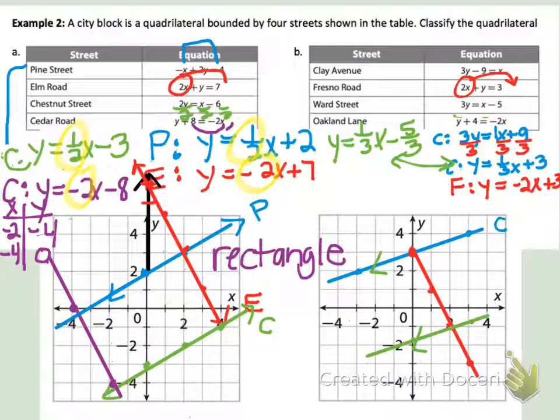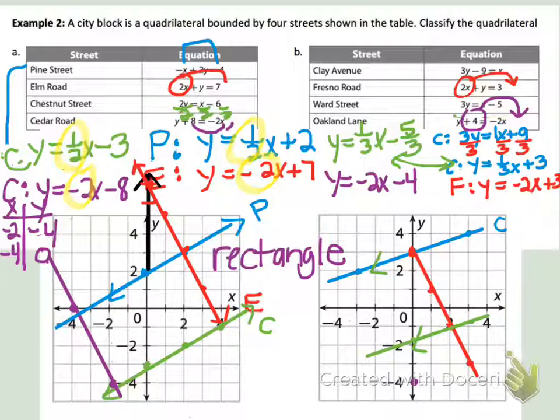So for the last one, again, I have to put it in slope-intercept form, and all I have to do is bring that 4 to the other side. So that's y equals negative 2x minus 4, because I have to subtract the 4 to get it to the other side. Now I'm going to plot that. That y-intercept is negative 4. The slope is negative 2. So I'd go down 2 and right 1, but that would be kind of hard to fit in.